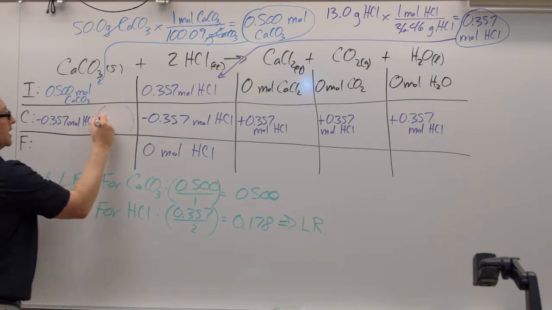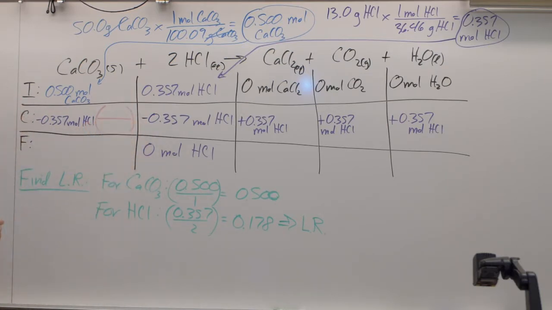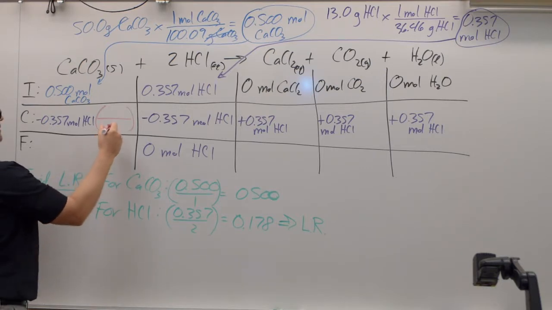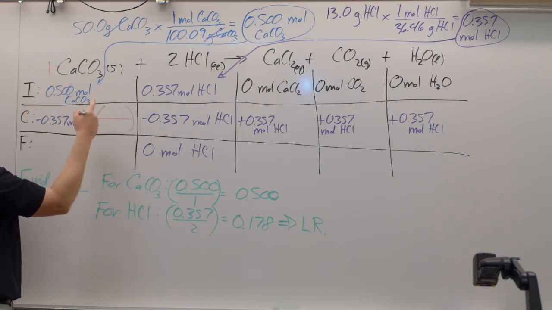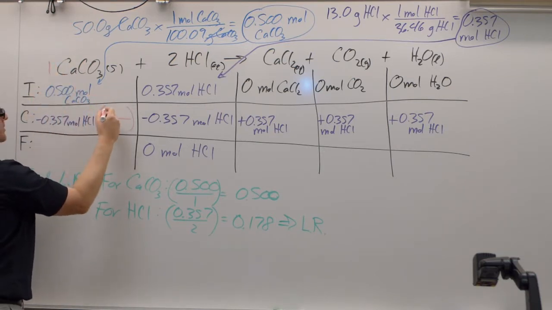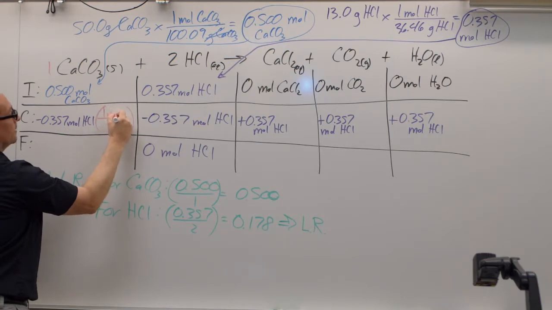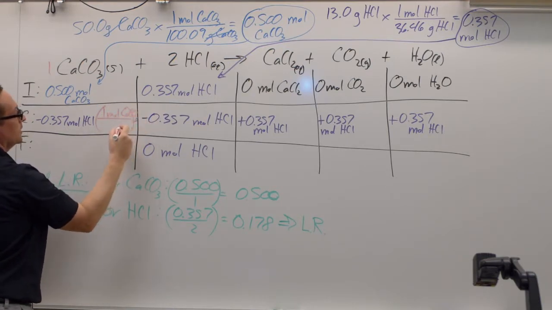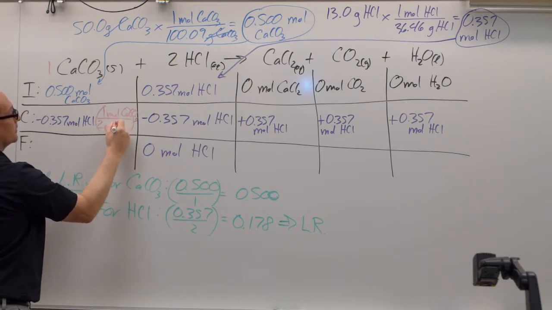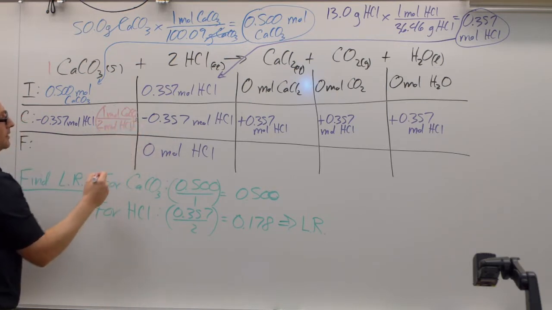So what is going to be my ratio for the calcium carbonate column? 2, 1. Yeah, it's going to be 1 over 2, not 2 over 1. Right, so it's 1 mole of the calcium carbonate over 2 moles of the HCl.